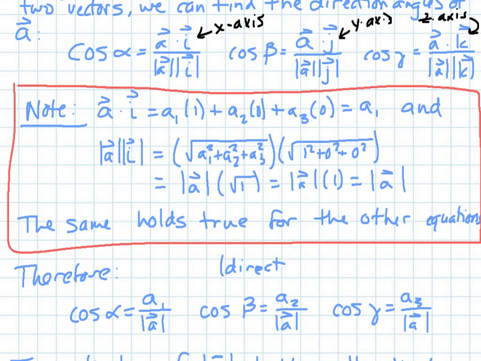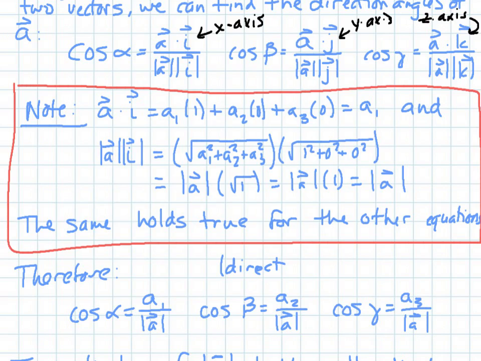We don't know the values for A, so we say a sub 1, a sub 2, a sub 3. When we multiply, since the i part is the only one that has a value, all the rest are 0, so that leaves us with a sub 1 as our dot product. So we can replace the dot product of A and i with just a sub 1.